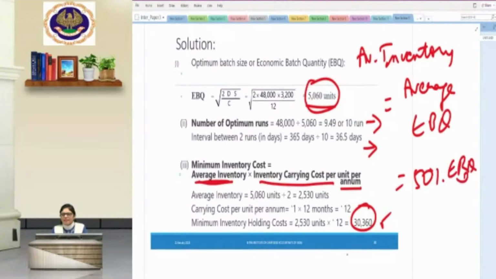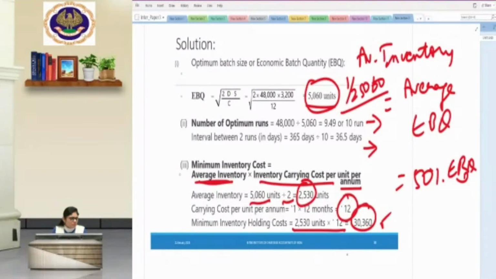That means we assume at a particular point of time, half of these 5060 will always be in the stock. So 5060 divided by 2. So average inventory means 50% of EBQ into inventory carrying cost per unit per annum, which we calculated as 12. So 12 into 2530 will be average inventory cost or the inventory carrying cost.